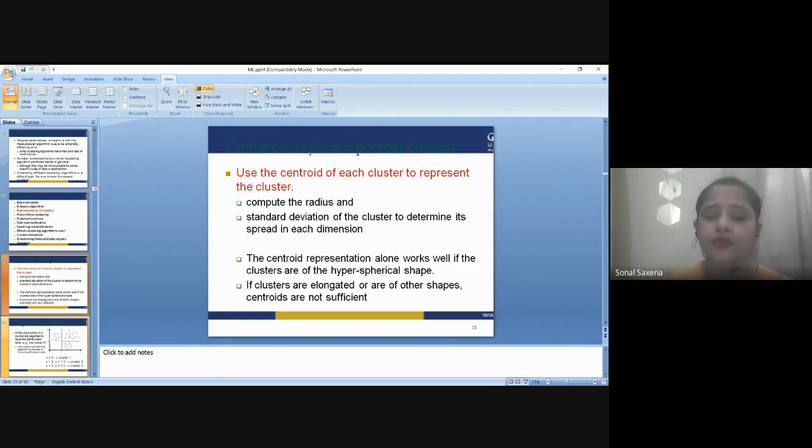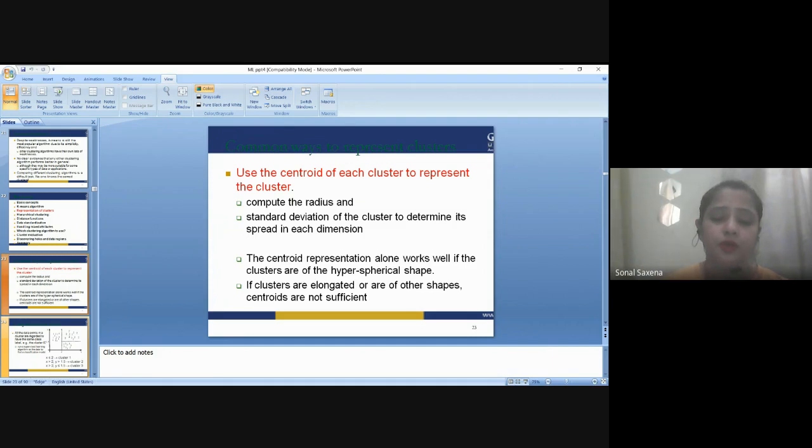Next, the centroid representation alone works well if the clusters are of hyperspherical shape. So if your cluster is of hyperspherical shape, then the centroid is okay. Then, if clusters are elongated or of other shapes, then centroids are not sufficient. Obviously, centroids will only work if your clusters are of somewhat spherical or hyperspherical shape.